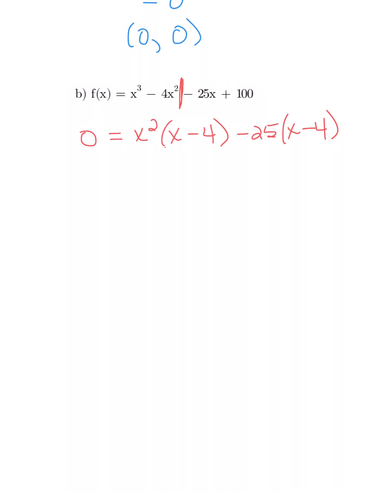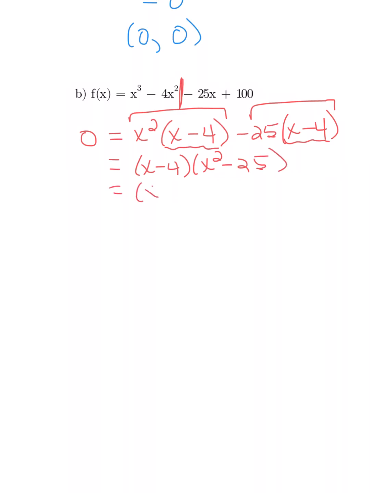So now we have matching quantities, and we're going to have x minus 4 that we pull out, and if we take x minus 4 out of this entire first term, what's left is x squared. Take it out of this entire second term, what's left is the minus 25.